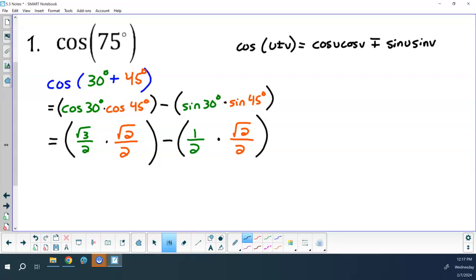Which is? Equal. Square root of 6 over 4. 1/2 times the square root of 2 over 2. Square root of 2 over 4.